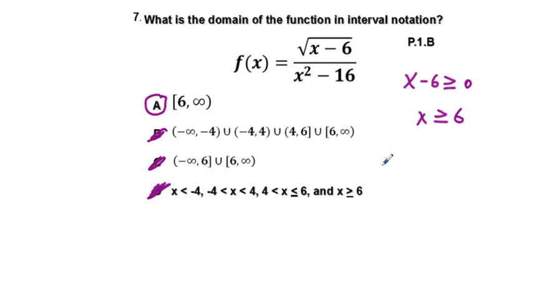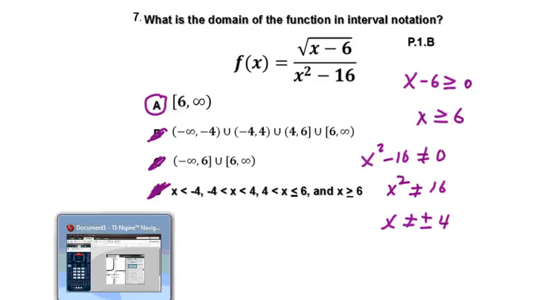And this thing in the bottom here, we know that x squared minus 16 cannot equal 0, right? If we add 16, x squared cannot equal 16. So x cannot equal plus or minus 4, right? Take the square root.